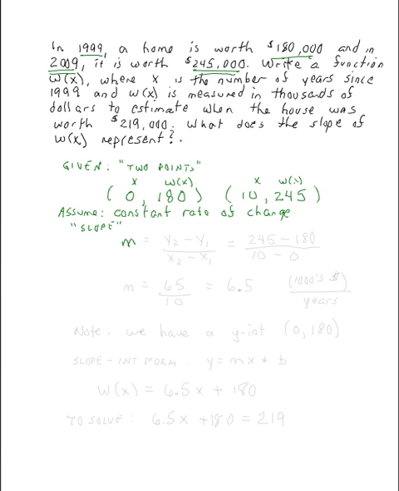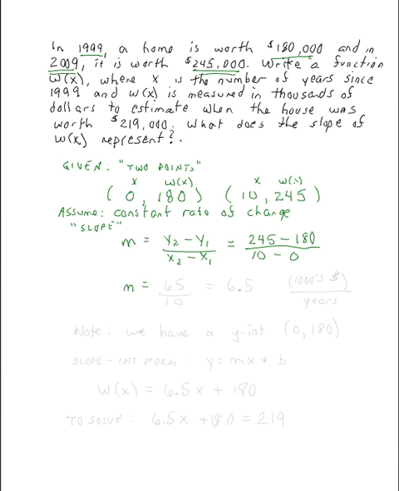Our slope we can now calculate using our slope formula, y2 minus y1, delta y, divided by x2 minus x1, delta x. I'll be using the two values they've given us: 245 minus 180, calling them y2 and y1, and 10 minus 0 for our x2 and x1.